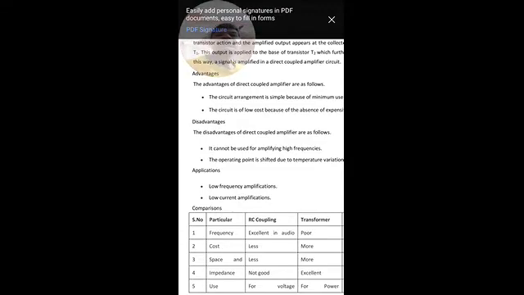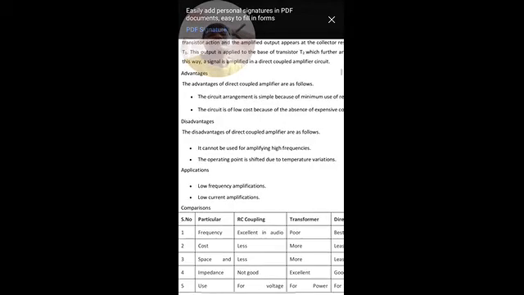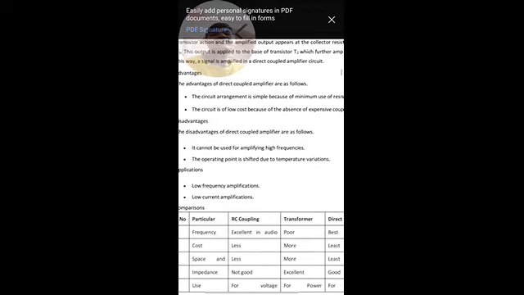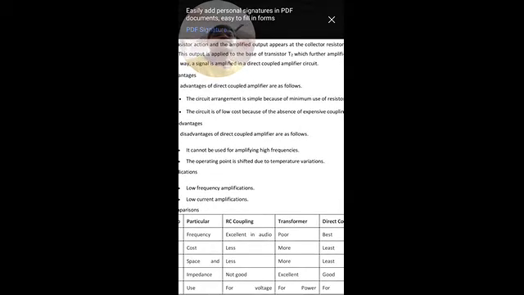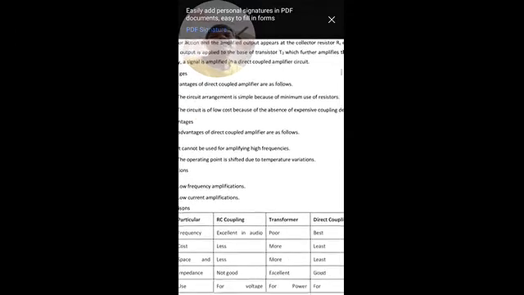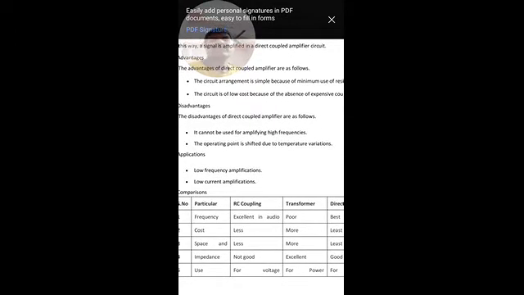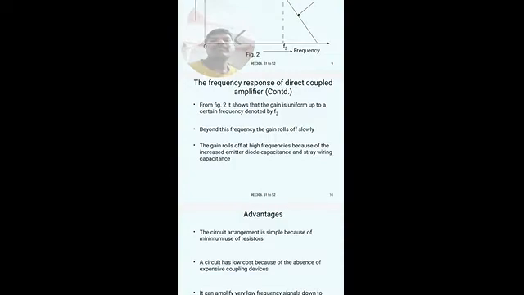Coming to the advantages of direct coupled amplifier. This circuit arrangement is simple because of the minimum use of resistors. The circuit has low cost because of the absence of expensive coupling devices.